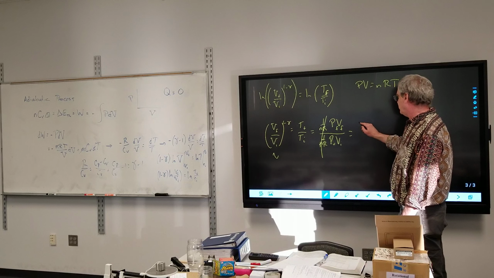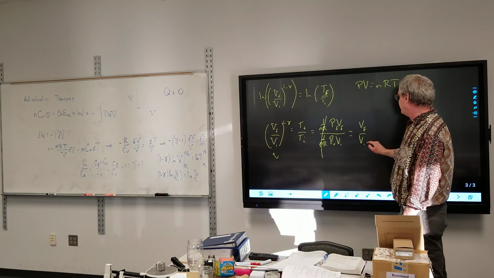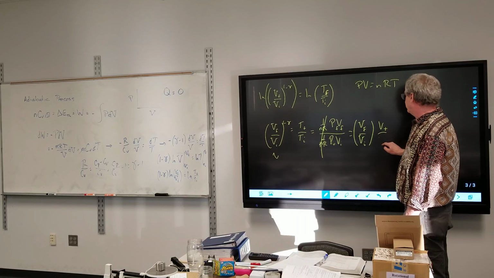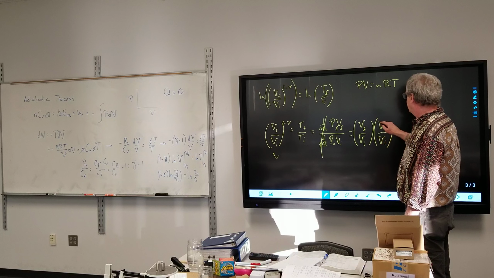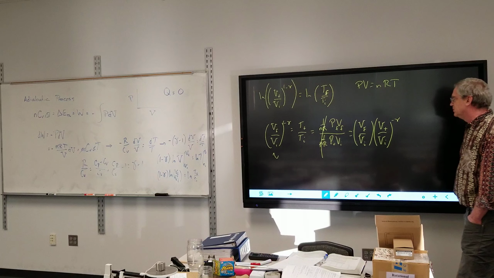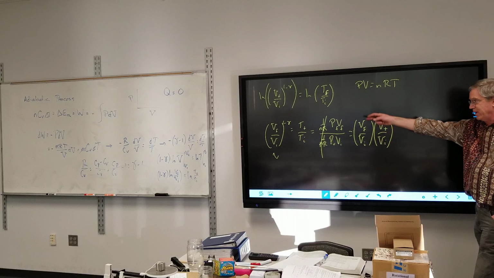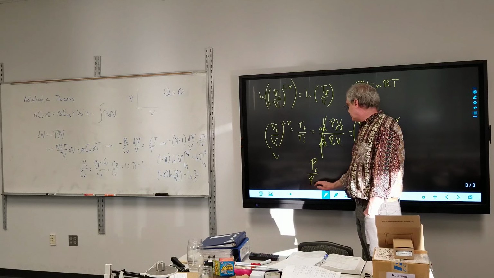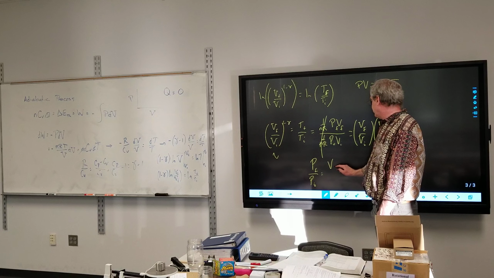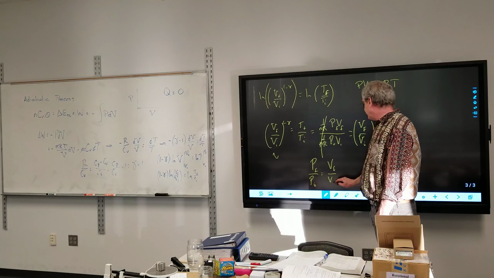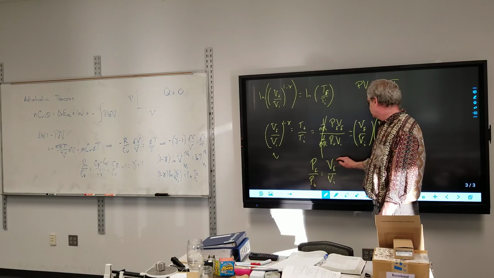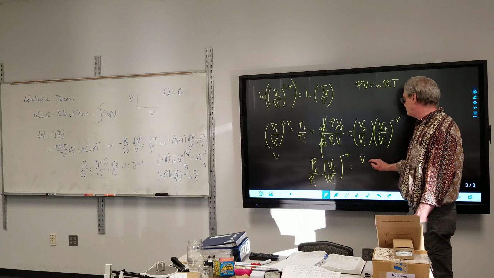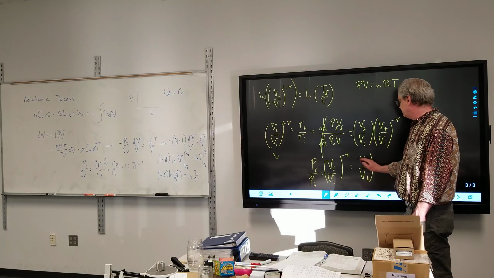That's going to be equal to Vf over Vi to the 1 minus gamma, and Vf over Vi cancels out. I'm left with my final pressure over my initial pressure is equal to my final volume over my initial volume to the negative gamma, which is just my initial volume over my final volume to the gamma.